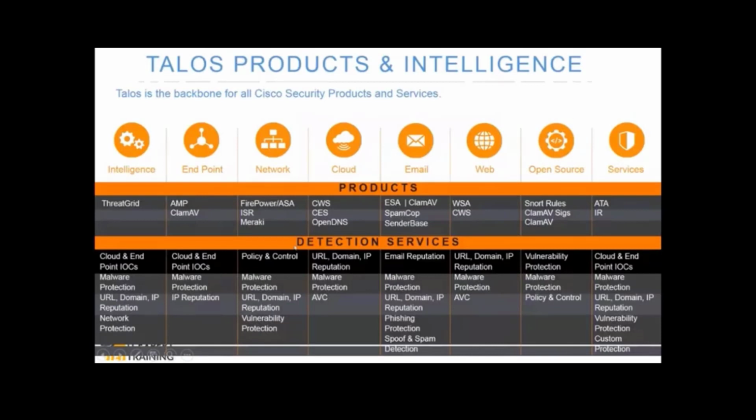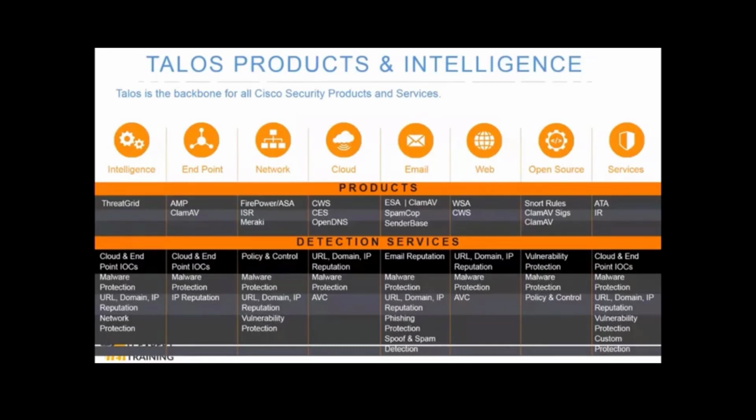So let's give some details about Talos. So Talos is the backbone for all the security products and services in Cisco. Okay, it's an organization where Cisco is mainly focused on security products and services.